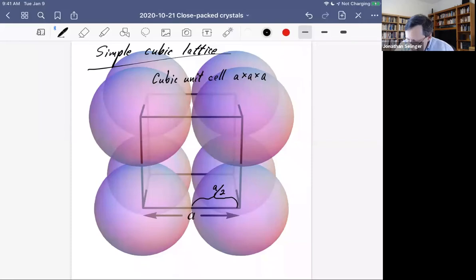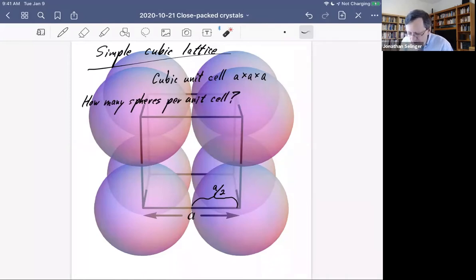Right? So then we can say, how many spheres are there per unit cell? Well, in this picture, we can see 8 spheres, right? 1, 2, 3, 4 in the front, and another 4 in the back. So there are 8 partial spheres, right?